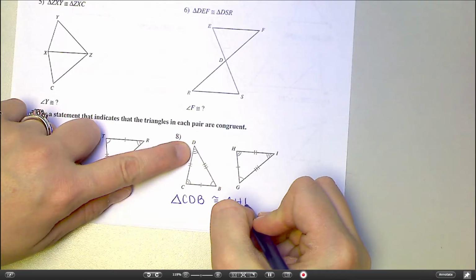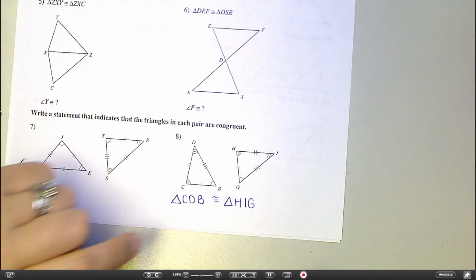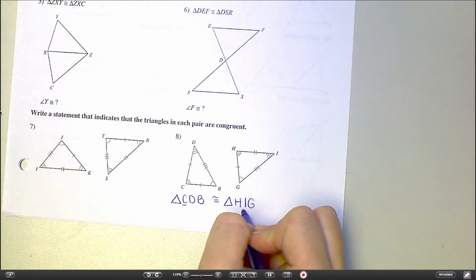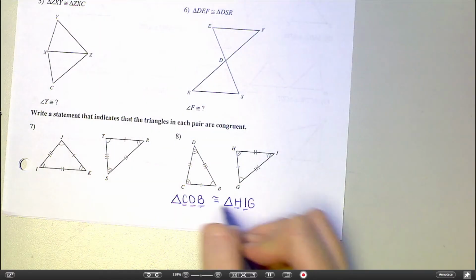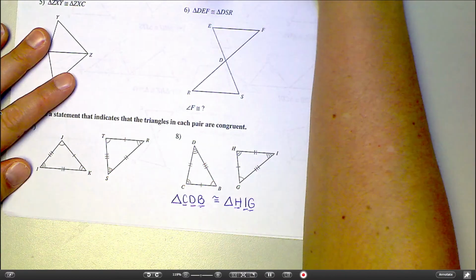I. And then we went to B, which matches up with G. So this one would have to be H-I-G. Now your answer could look different if you name that first triangle differently. But you have to make sure that C and H are in the same spot, and D and I are in the same spot, and B and G are in the same spot. Okay?